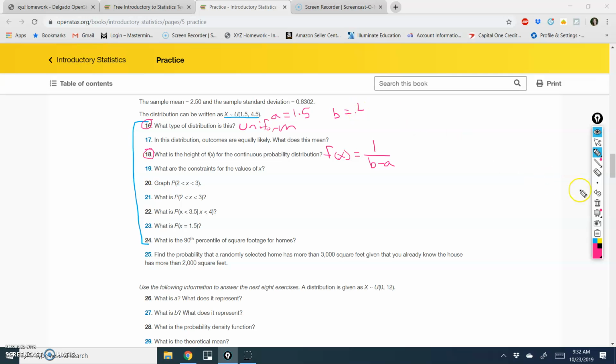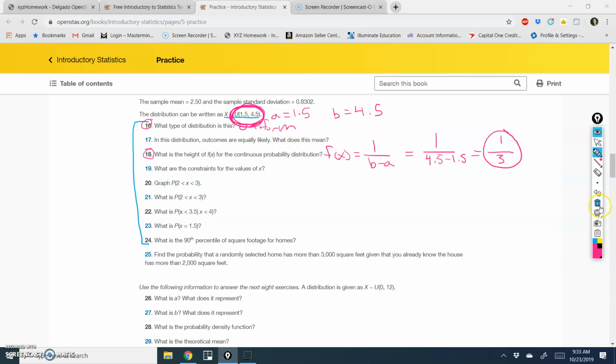So f of x equals 1 over 4.5 minus 1.5, which is 3. So f of x is going to equal 1/3, or 0.333 forever. So that's how we find the f of x: use our formula, plug in our a and b, which we get from our distribution.